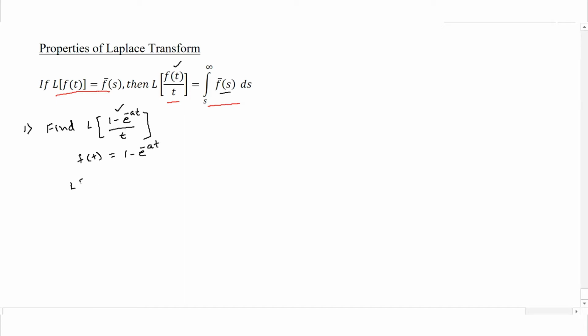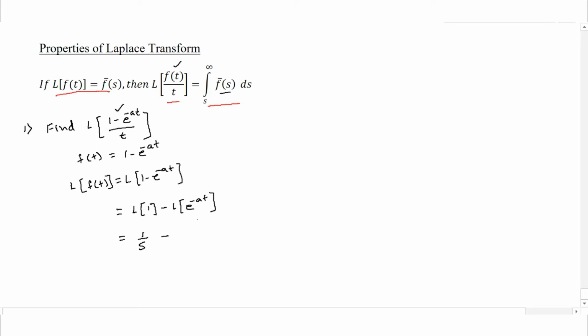If you take the Laplace transform of f of t, which is nothing but the Laplace transform of 1 minus e power of minus at, apply the Laplace transform individually for each of the terms. We get the Laplace transform of 1. We know that the Laplace transform of a is a by s, so here a is 1, so it is 1 by s.